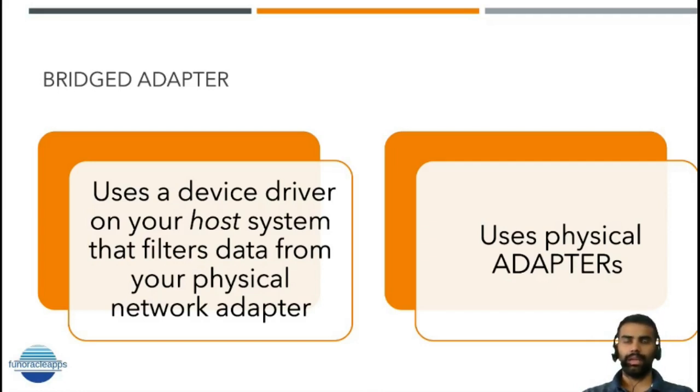So maybe I need internet for various RPM downloads, for any package downloads, any specific needs, I will prefer the bridged adapter. And the second adapter that I prefer to use is your host only adapter.